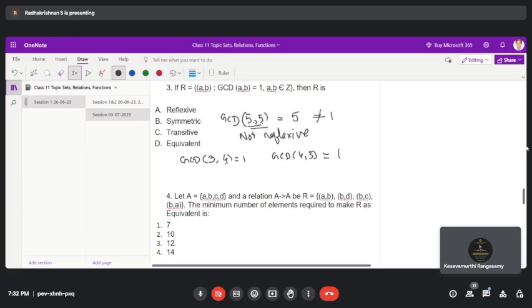Any combination that you take where GCD is 1, in whatever order, if 10 and 13, for example, then 13 and 10 also will be there in the relation. Therefore, this relation is symmetric. Now see whether it is transitive.